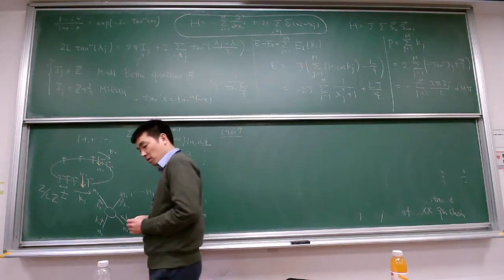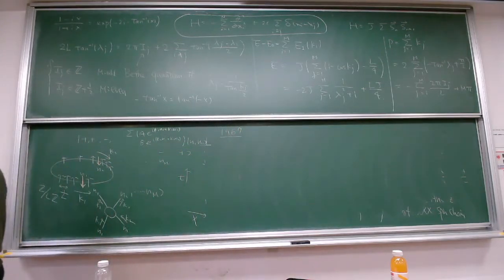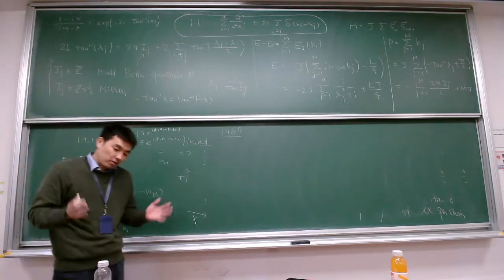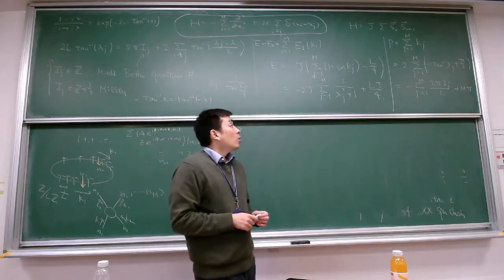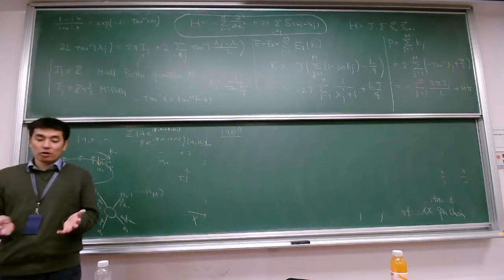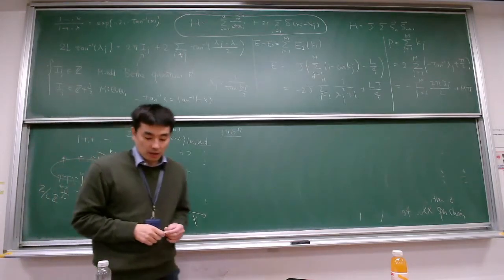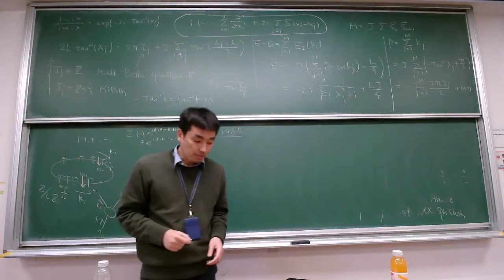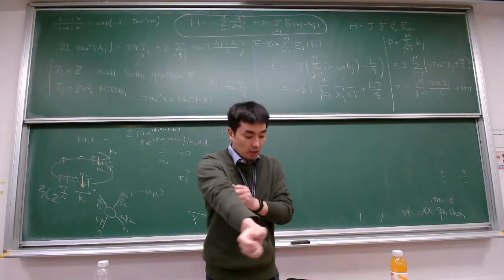It's a groundbreaking work by Yang. Nowadays it's called the Yang-Baxter equation, or the Gaudin model and so on, where you can also solve exactly. You can determine the energy and the momentum exactly, and the scattering amplitude exactly. Nowadays it's called exactly solvable.